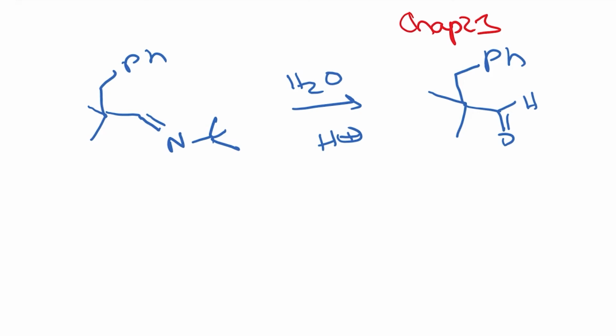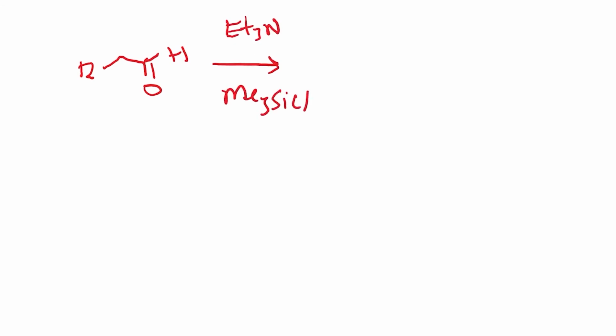The next major way to alkylate an aldehyde is the way we have looked at previously, which is generation of the silyl enol ether. So if you start with an aldehyde such as this and react it with triethylamine, Me3SiCl, the product that you get is the silyl enol ether.